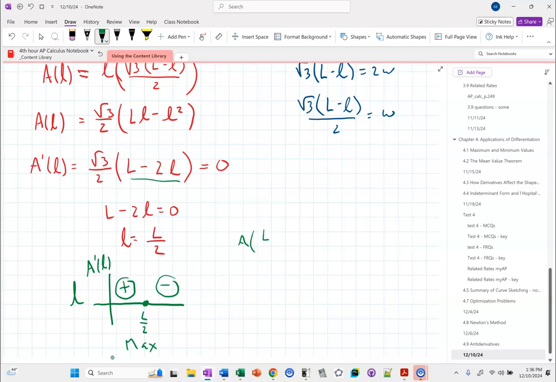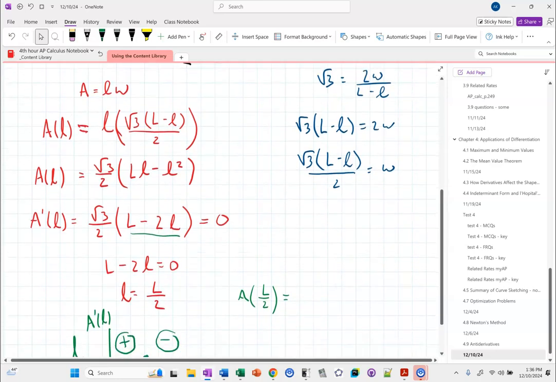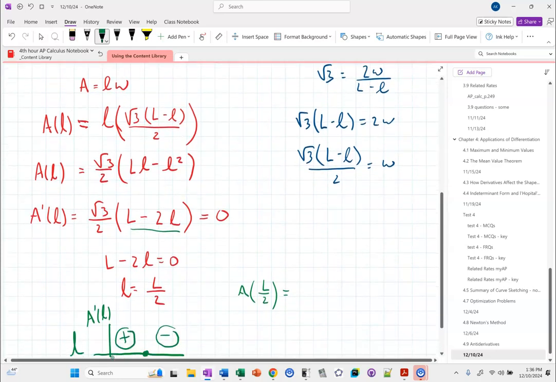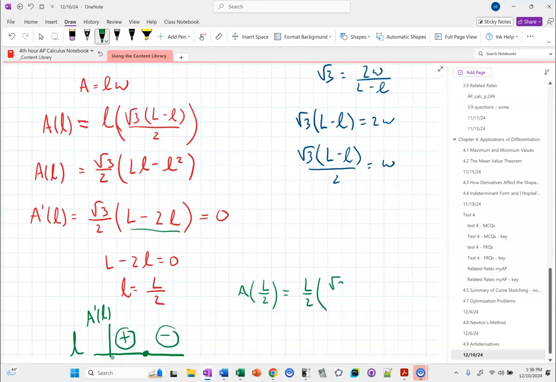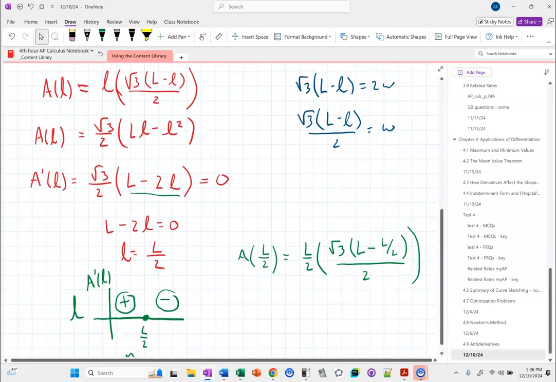So to find that maximum area, then I'm going to just do A of cap L over 2. And let's see if I simplify that down.